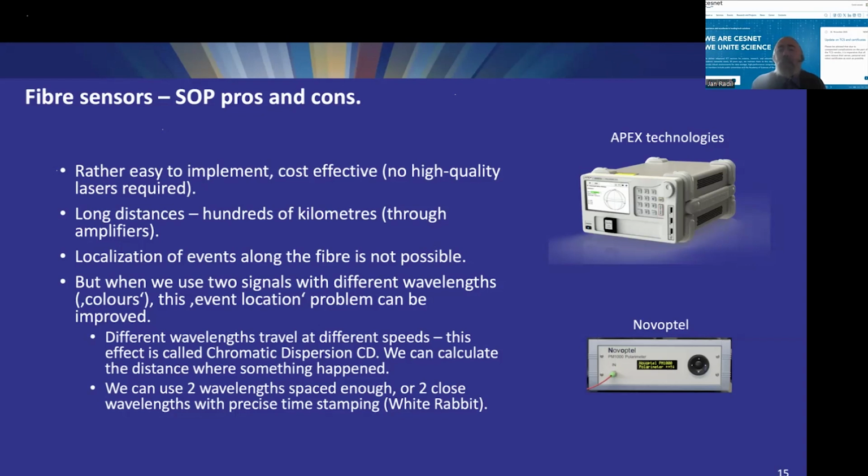And then we can calculate the distance where something happened. Of course, we can also use two wavelengths which are spaced far apart or close together. Again, we use time stamping, for example, with White Rabbit technology for precise time stamping.